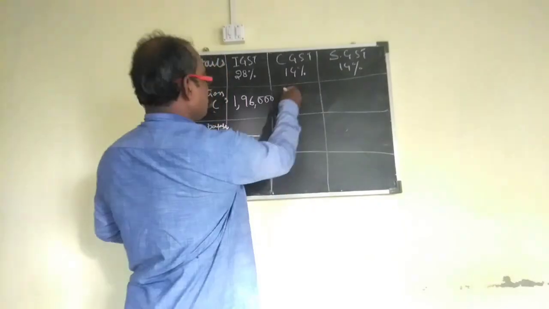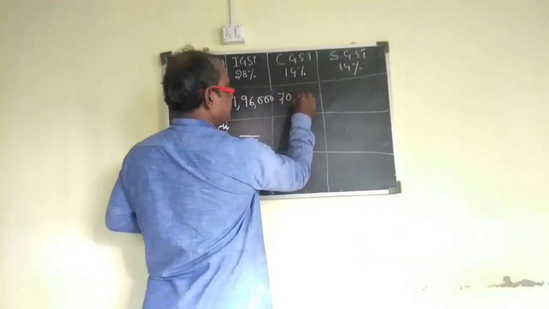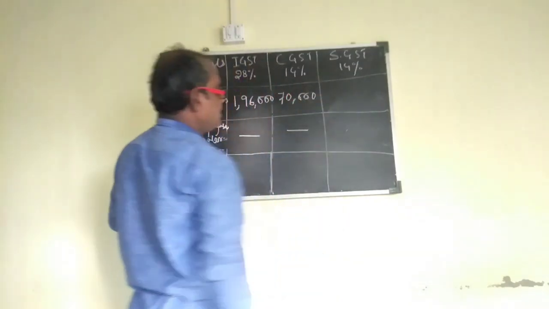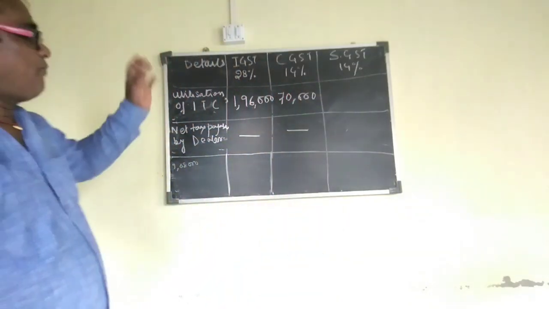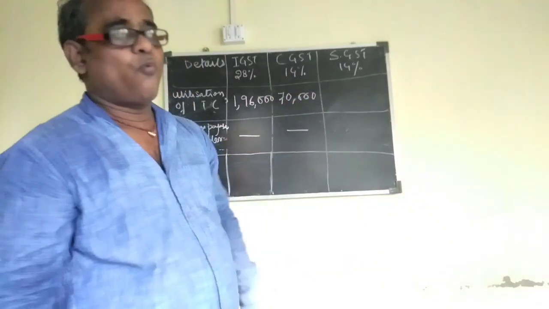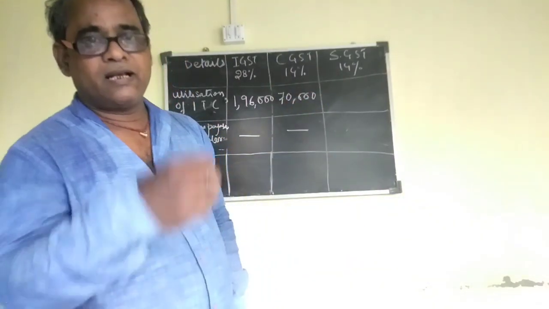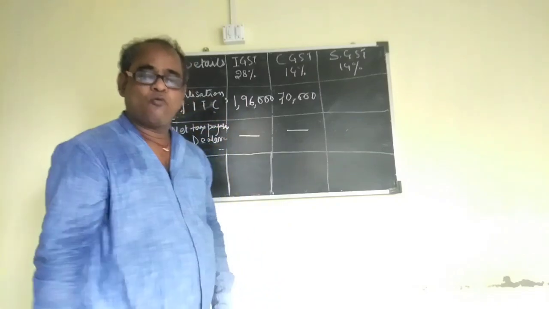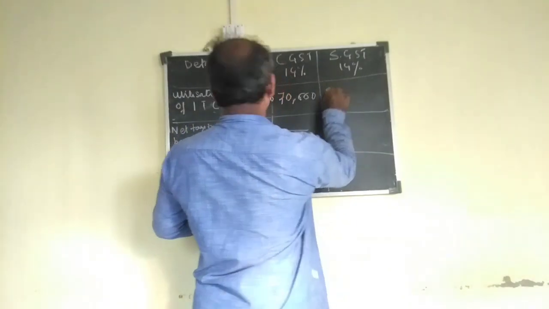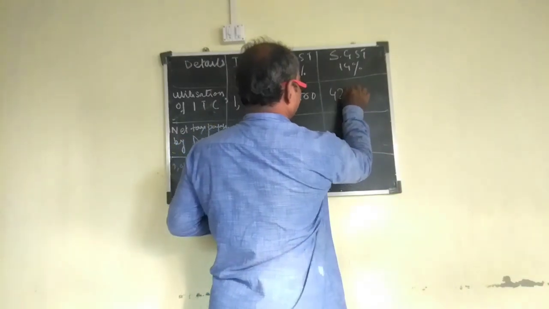After utilizing 70,000 over here, the net payable for CGST will be nothing. Now if we deduct 70,000 from 1,12,000, the rest of the money is 42,000. So 42,000 will be utilized over here.